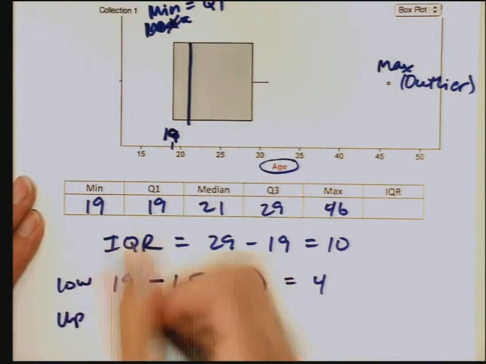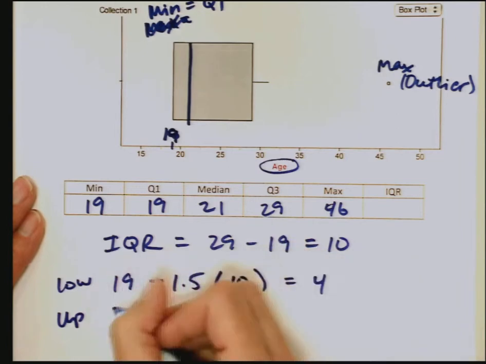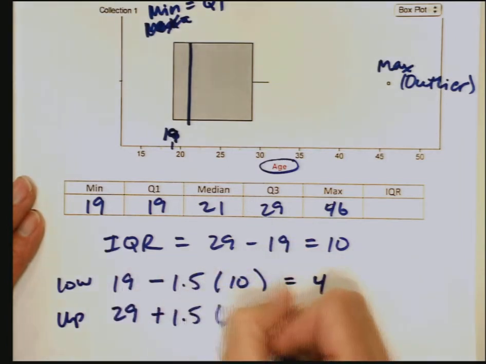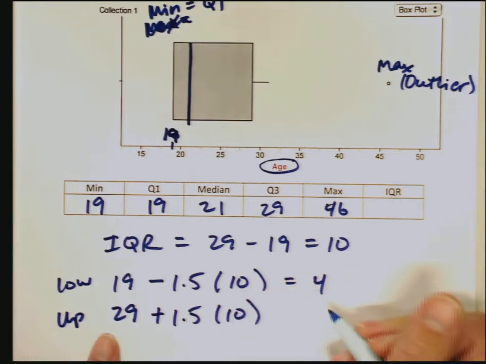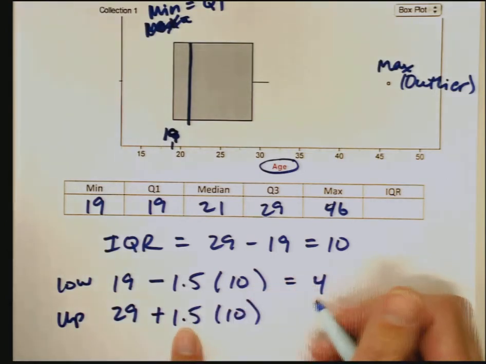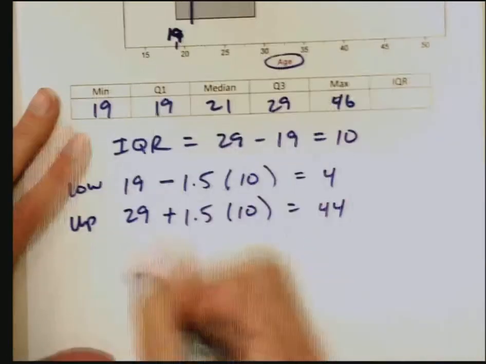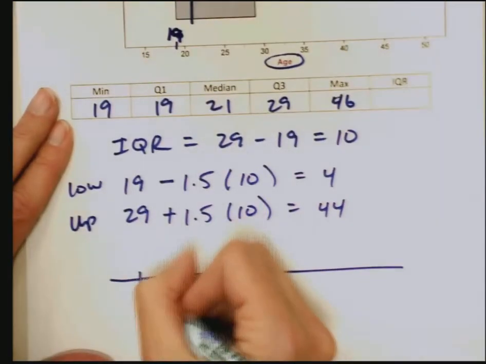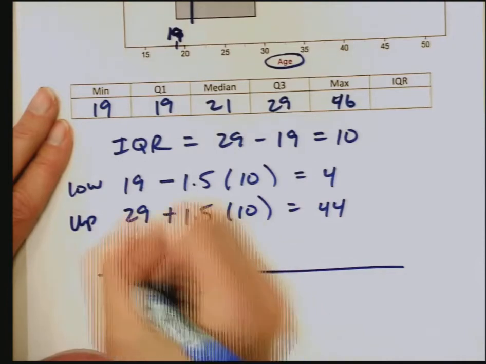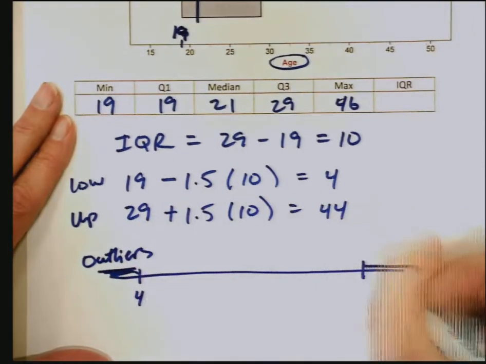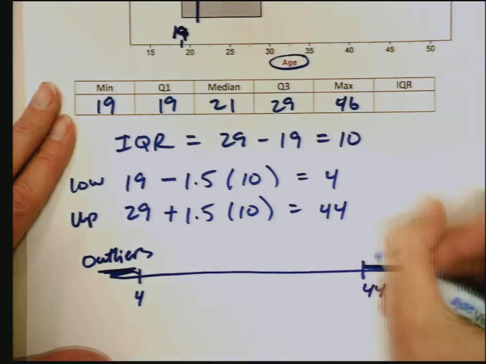The upper boundary for outliers would be quartile 3, so 29, plus 1.5 times 10. So that'd be 29 plus 15, which would be 44. So my outliers live less than 4 or greater than 44.